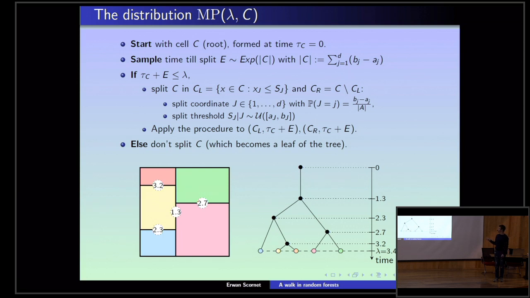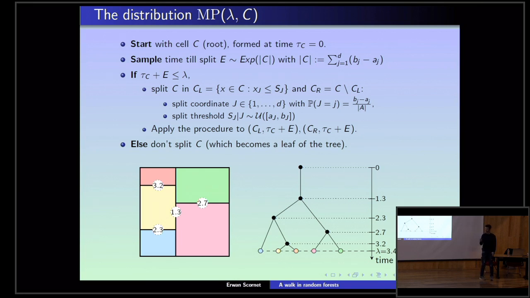So if E is lower than lambda, or to put it differently, if the split occurs before the lifetime of the partition, then I will indeed make the split. And I do the split in the following way. I will choose a coordinate j with a priority which is not uniform compared to before.